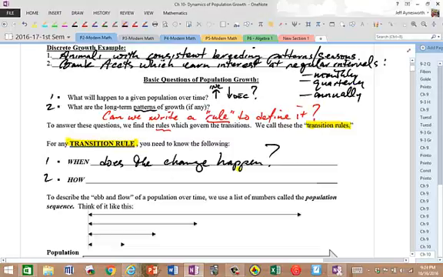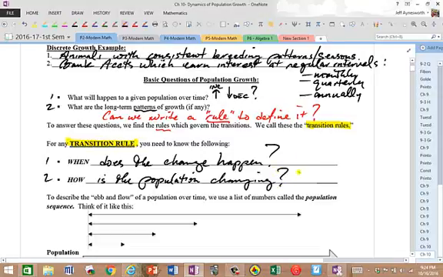And then secondly, how is the population changing? And when I say population, it could refer to money too as well. This is a general term. How is it changing over time?